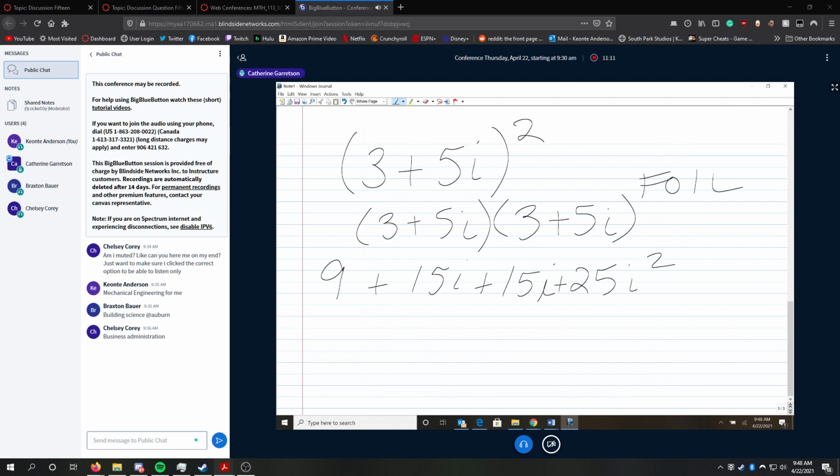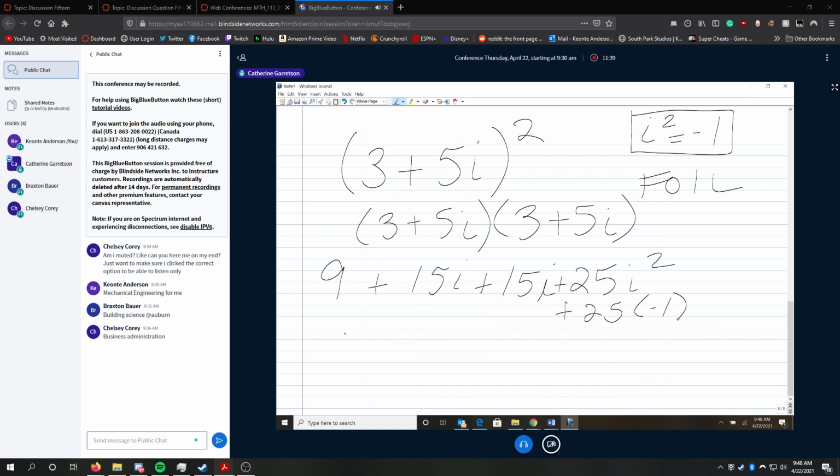But i squared, if you remember from your pre-cal algebra class, is a real number. It's not imaginary. i squared is -1. So this would be plus 25 times -1, so there'll be a minus 25.